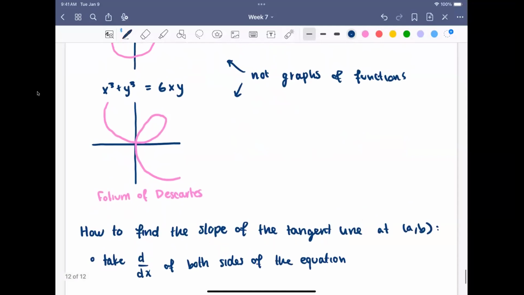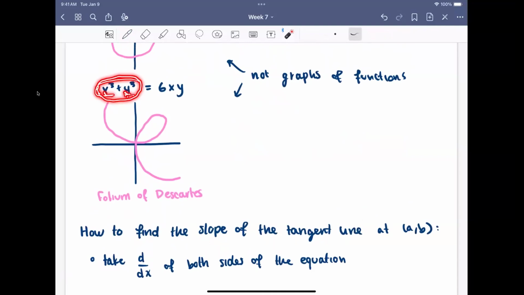So the idea here is that if I apply d/dx to this expression, I know how to take the derivative of things involving x, and then I'm just going to view y as being some kind of secret function that depends on x.